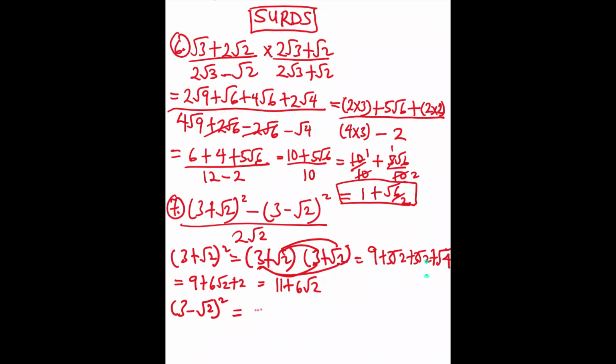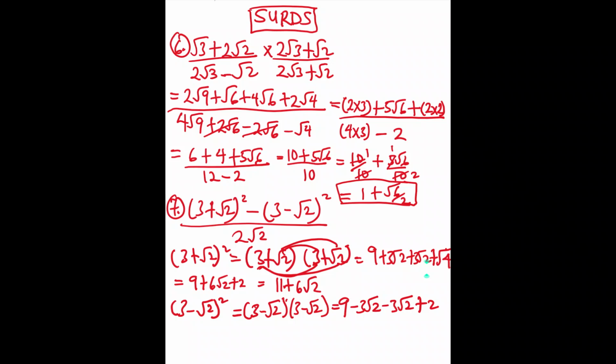So now let's expand 3 minus root 2 squared. So that's 3 minus root 2 into 3 minus root 2. Okay, so 3 times 3 is 9. 3 times minus root 2 is minus 3 root 2. Minus root 2 times 3 is minus 3 root 2. Okay, and minus root 2 times minus root 2 is minus root 4.